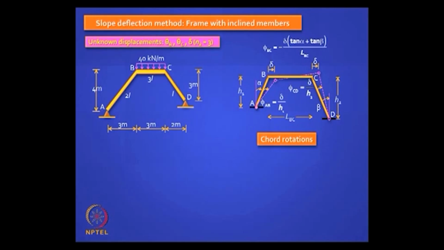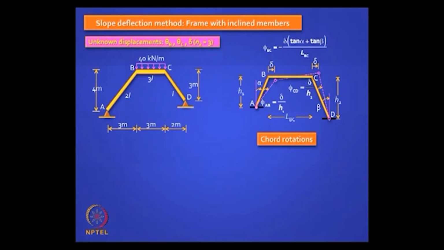Okay. Now if it sways delta, the chord AB will rotate clockwise as we discussed in the last class by delta by H1. Chord CD will also rotate clockwise by delta by H2, and you can prove using trigonometry.